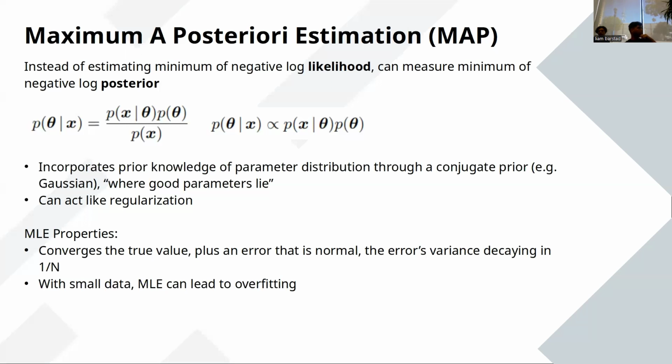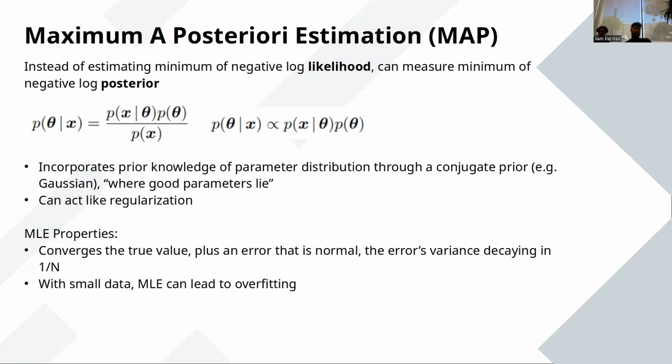okay. As far as maximum likelihood estimation goes, that converges on the true value. This is just a couple things that the authors listed. It converges on the true value plus or minus a normal error. If you had infinite data, it would eventually be the correct distribution, plus or minus this Gaussian error.